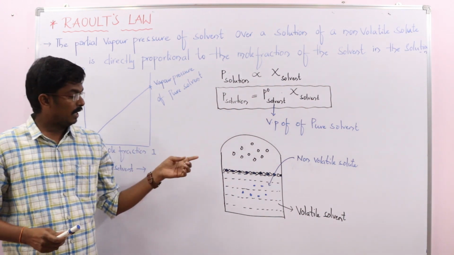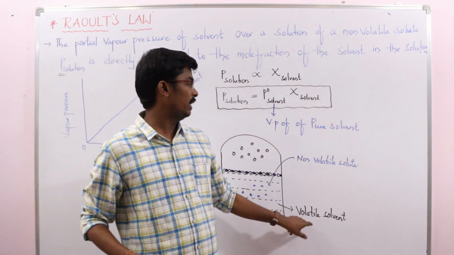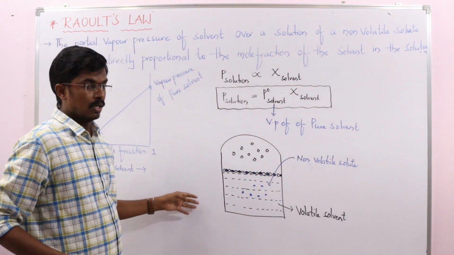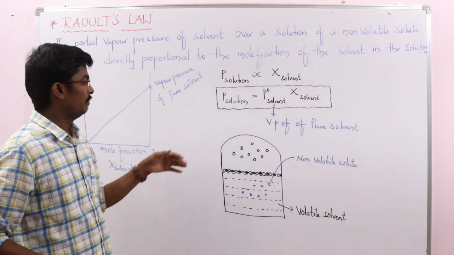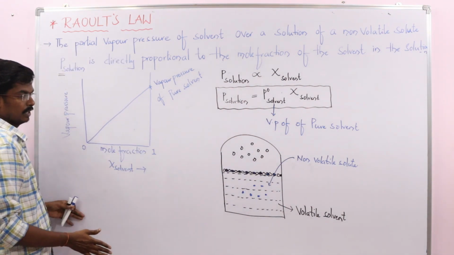Sir, if I have a solution with a volatile solvent and a volatile solute, how could I represent it? I would also like to explain this with respect to the two components which are responsible for the vapor pressure.